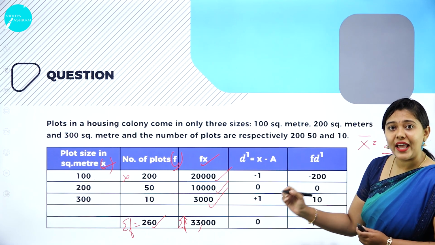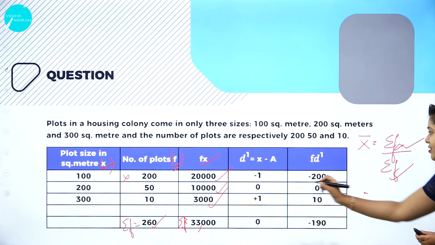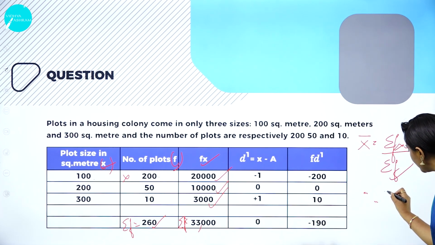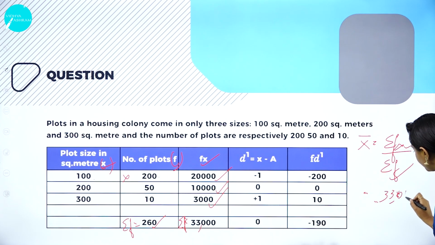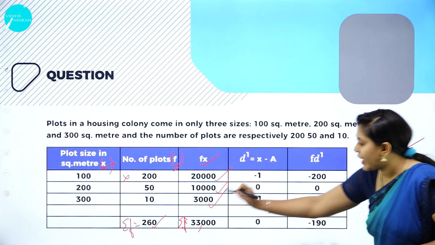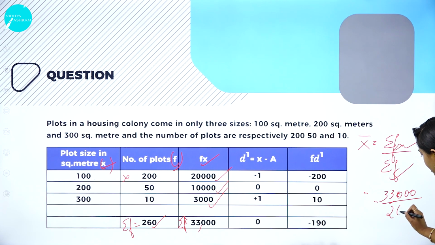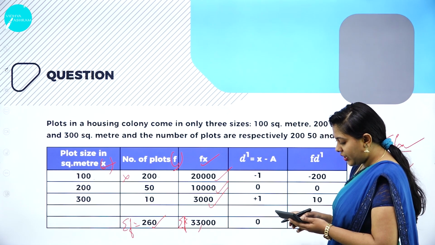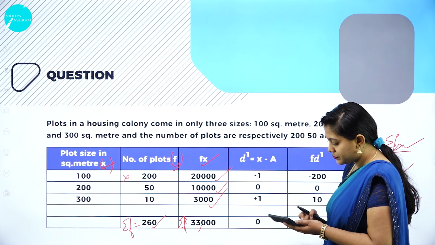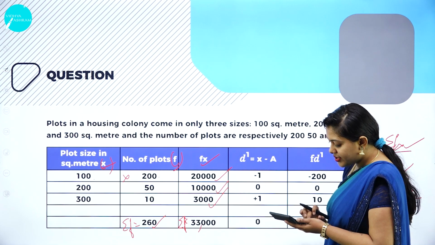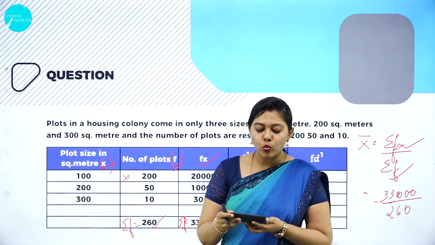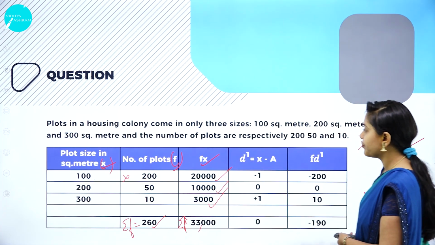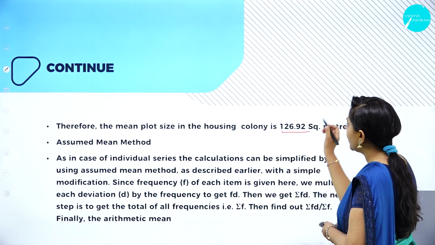So let's substitute the values into the formula. Sigma fx is 33,000, divided by sigma f, which is 260. Let's use the calculator: 33,000 divided by 260, the value you get is 126.92.